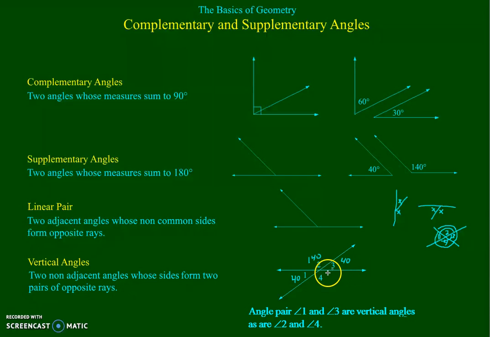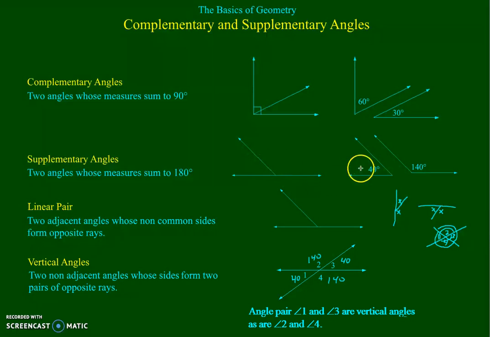Likewise, angles 3 and 4 are a linear pair. So if this is 40, this one has to be 140, which makes angles 2 and 4 congruent. And as we just said, angles 2 and 4 are a vertical angle pair, and so those angles are congruent. So just to recap, complementary angles are two angles whose measures sum up to 90 degrees. They can be adjacent or non-adjacent. Supplementary angles are two angles whose measures sum up to 180 degrees.